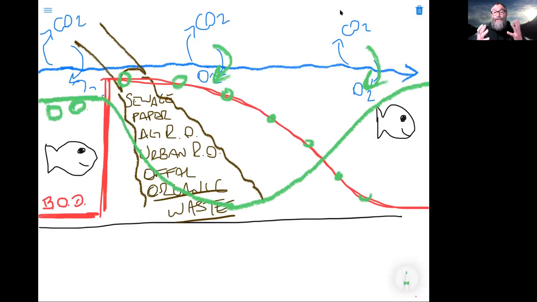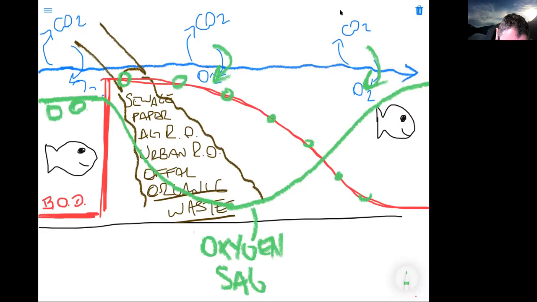And in a section of river where decomposers have a lot of work to do, they're going to lower oxygen levels. That's called oxygen sag. And that kind of sounds like slang, but that's actually technical terminology.